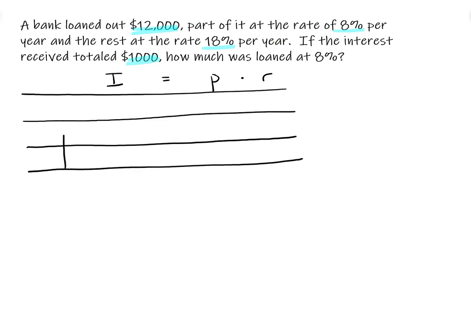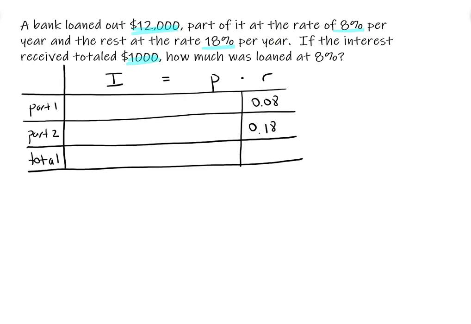Now we don't really have names for these. We have part 1 and part 2, and we have the total. And then over here we have the interest rate given in the word problem. It has 0.08 given for one of them and a 0.18 given for the other. And we're not going to add up our interest rates. We're just going to leave it like that.